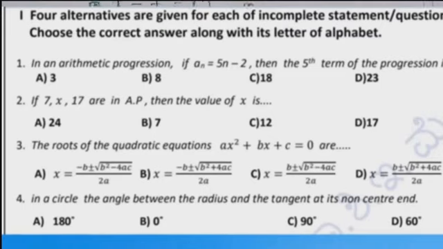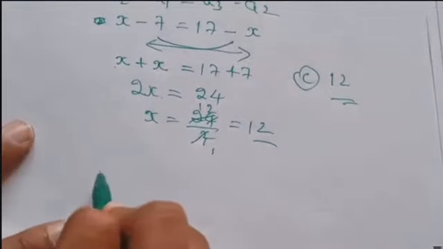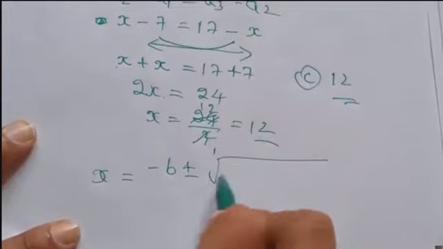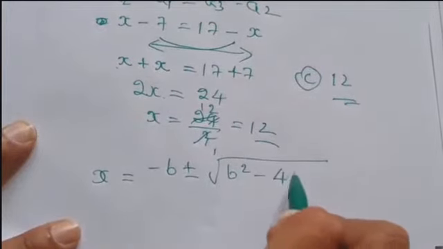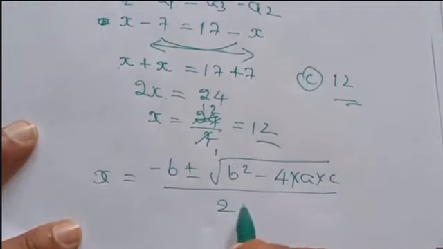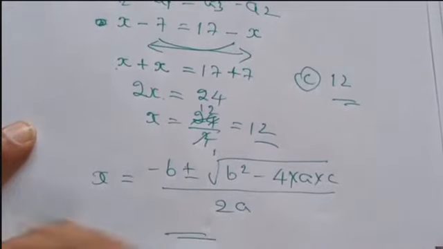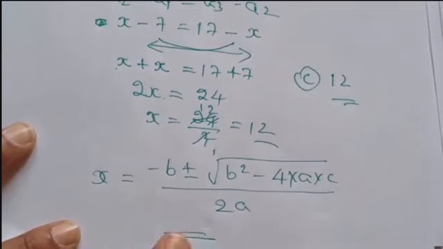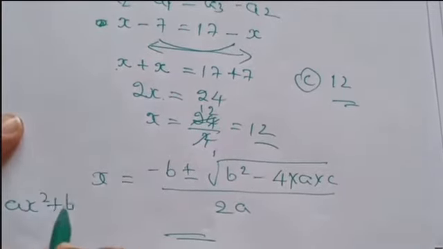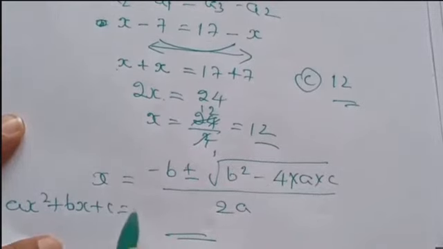Now what is the quadratic formula? x equals minus b plus or minus under root of b square minus 4 into a into c, whole divided by 2a. Now this is the formula, right? So this will be the roots for the quadratic equation ax square plus bx plus c equals 0.